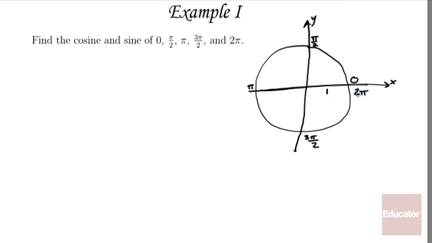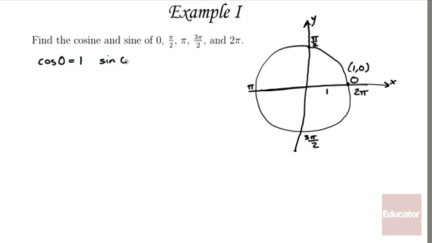So we want to find the cosine and sine of each one of those angles. Now remember, cosine and sine, by definition, are the x and y coordinates of those angles. So what are these x and y coordinates? Well, the 0 angle, its x coordinate is 1, and its y coordinate is 0. So that tells us that cosine of 0 is 1.